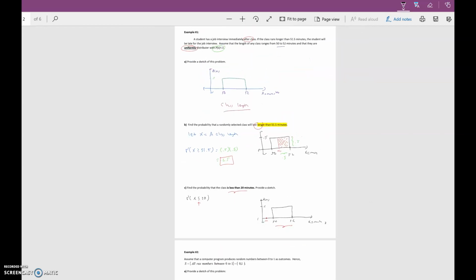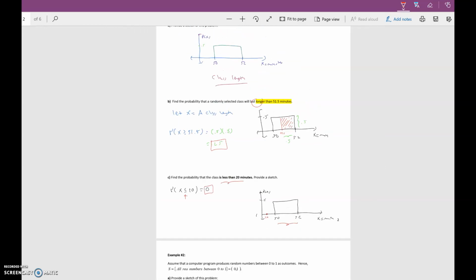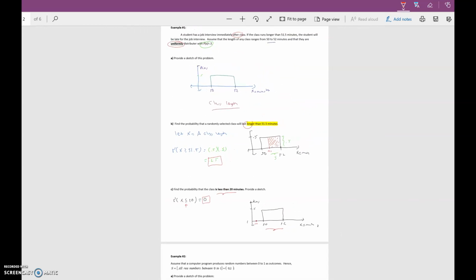Let me double check that that's what it said, 50 to 52. Anything outside is automatically going to be 0. So the answer for this one is just 0. Our event only works between 50 and 52, nothing on the outside. Any value that's outside of the range is going to be automatically 0.